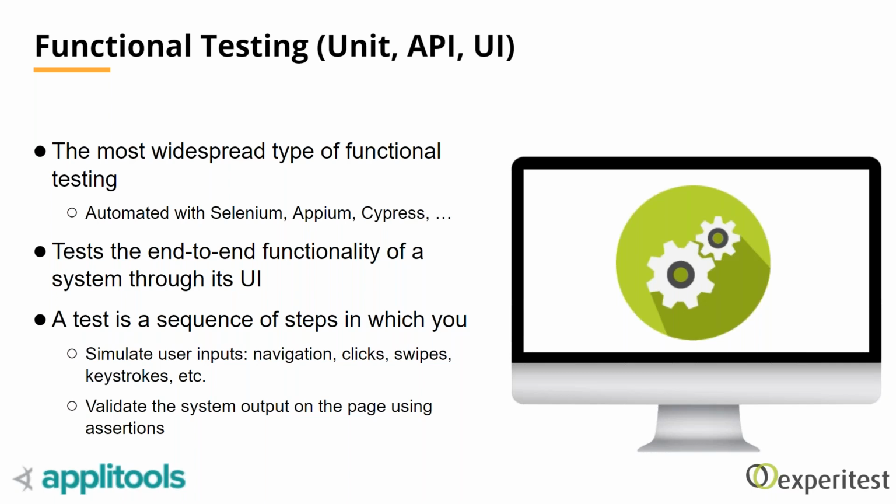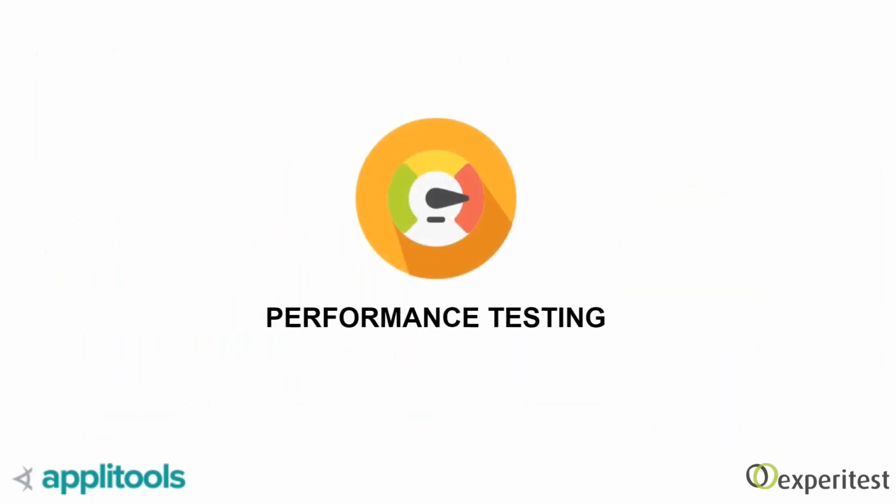And as you already know, a functional test is composed of steps that a user will usually perform: clicking on an element, performing login, performing certain operations. So in the demo, we will start with a pipeline that has a functional test, and we will show you how we can add visual and performance testing into that.